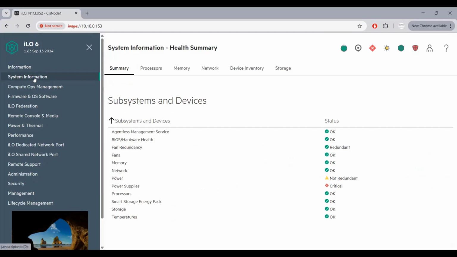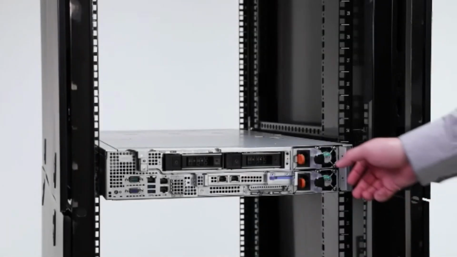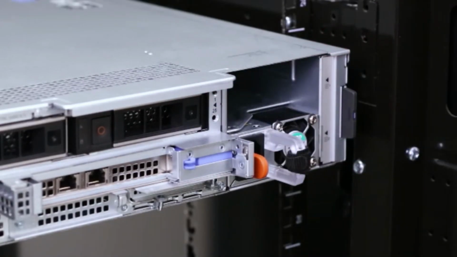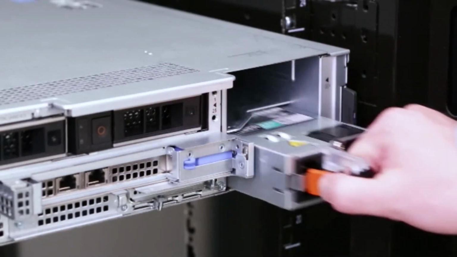Right now, on the screen, you can see some kind of critical error regarding the power supply. On this specific server, I have to implement two redundant power supplies, but unfortunately right now I have only a single power supply available.